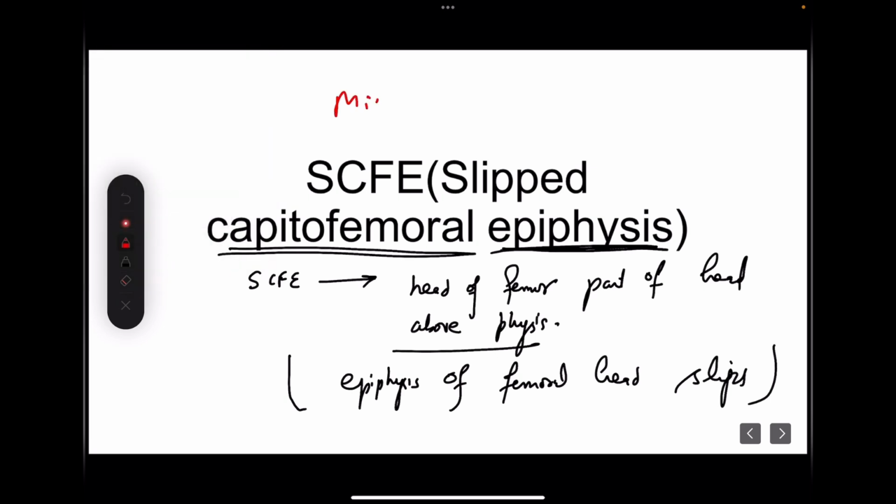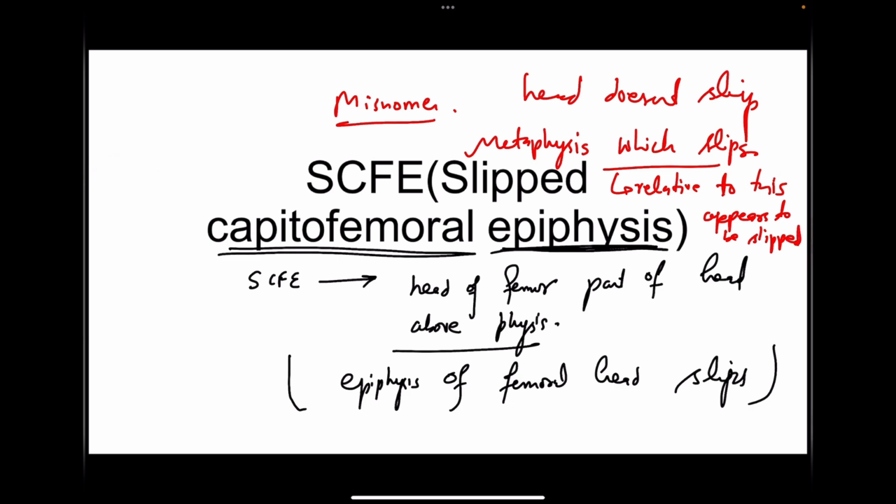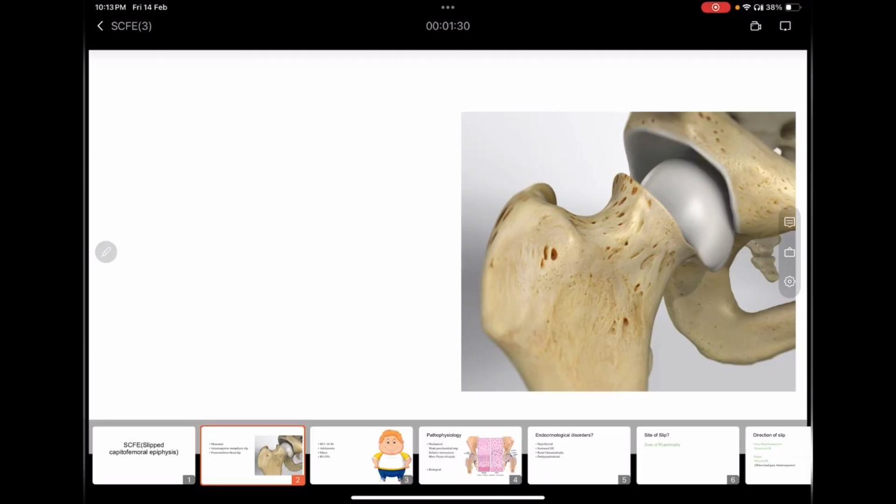In this condition, the head doesn't slip, but actually it is the metaphysis which slips. And relative to this, the head appears to be slipped. So now we will be discussing this condition in detail.